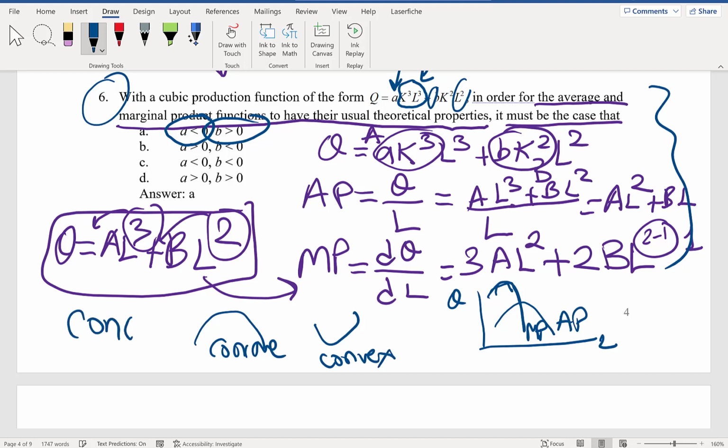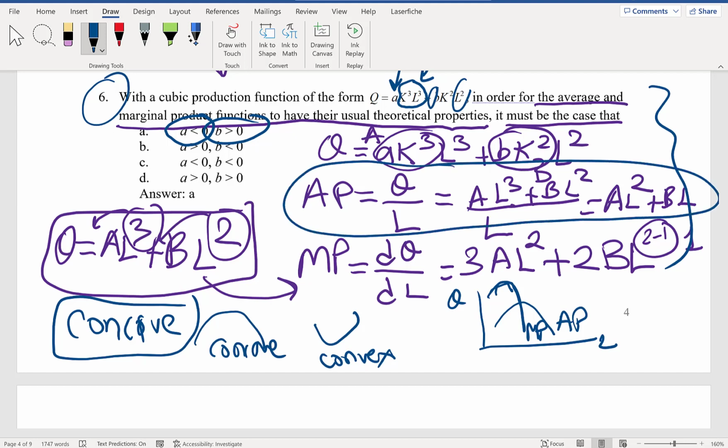Let me rewrite it: concave. For it to have a concave shape, you want the second derivative of this to be negative. So the second derivative is going to be 2a only. You want 2a to be negative. And you want the first derivative to be positive. So it all comes from calculus.